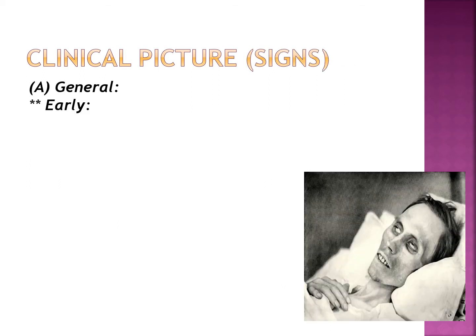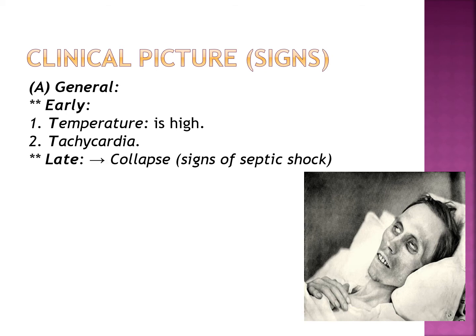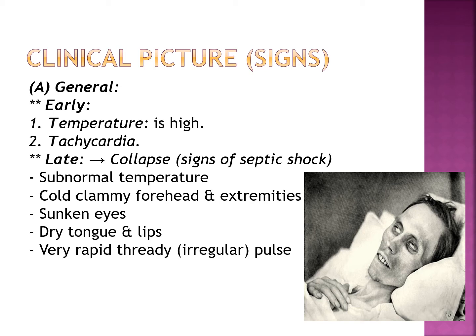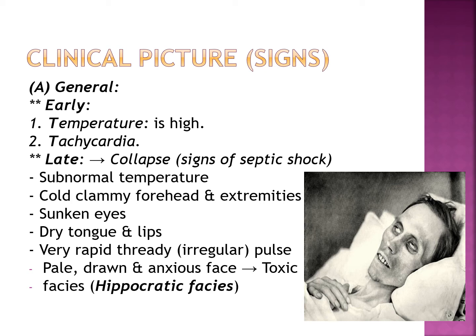Signs of a patient with acute peritonitis. First, the temperature. If the patient presents early, he will have high temperature with tachycardia, but most patients present late with collapse and signs of septic shock, including subnormal temperature, cold, clammy extremities and forehead, sunken eyes, dry tongue and lips, very rapid, irregular pulse, and pale, drawn and anxious face, which, as you can see in this picture, is known as toxic face or Hippocratic face, which is characteristic in patients with acute peritonitis.